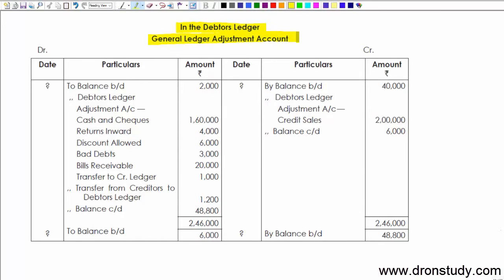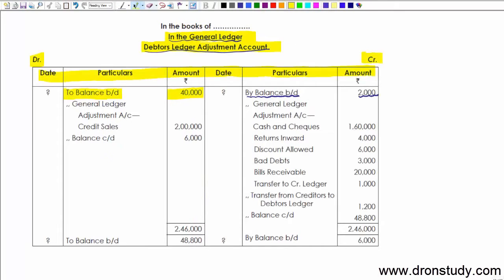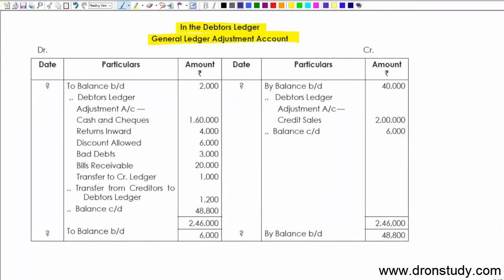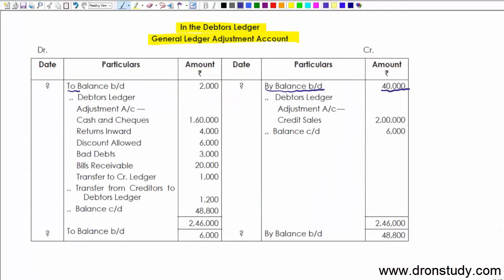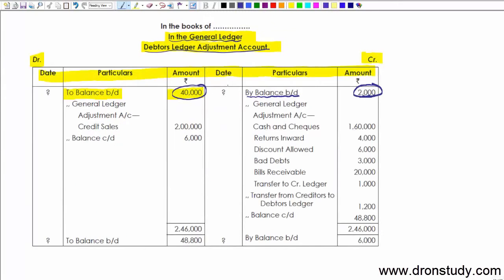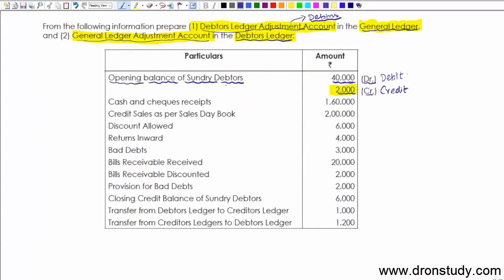So here I have opening balance on debit 40,000, and since that account is opposite, that 40,000 should appear here on credit by balance brought down 40,000. Similarly, here we have by balance brought down 2,000 on credit, so that should appear on debit to balance brought down 2,000. Fine. Now let's go to transactions.